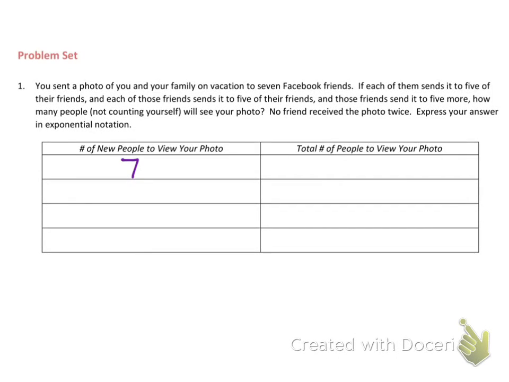All right, so I kind of breezed over that because you've already read it. So let's look at the total number of people to view the photo in the first round. It's just the initial 7 people who saw it. Then after that, those 7 people send it on to 5. So we've got 5 times 7 people viewing the photo. So our total now is the 7 plus the 5 times 7.